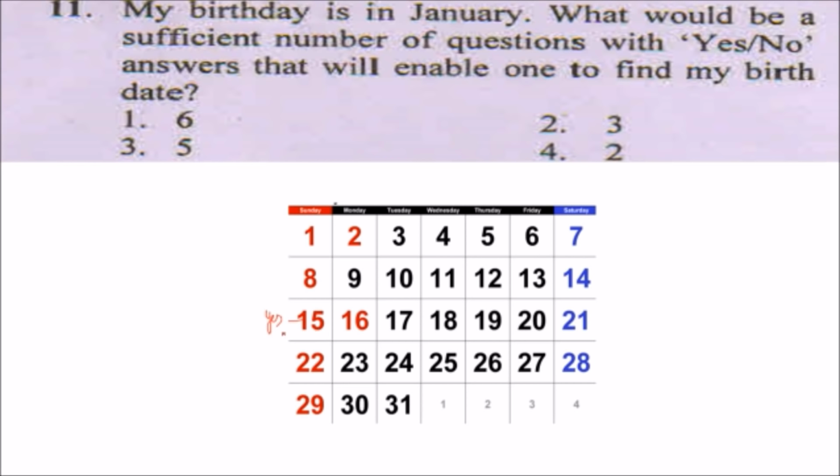So I am assuming here the answer is yes. Next question I will ask: is your birthday less than 10? If you again say yes, then I will include 1 to 9. If no, then I will include 10 also. Next question I will ask: is your birthday an even number?